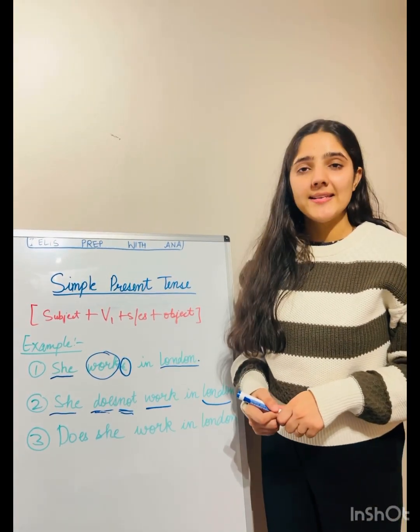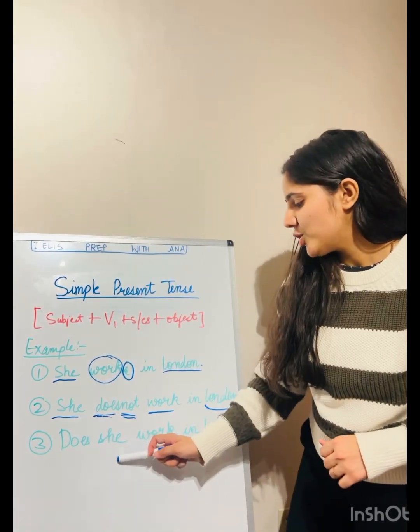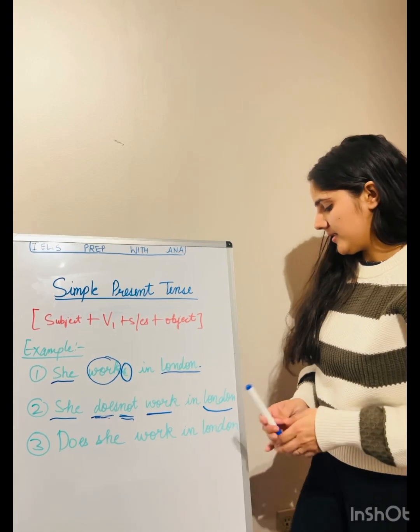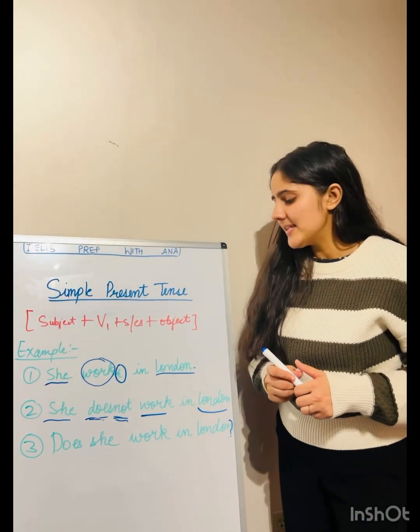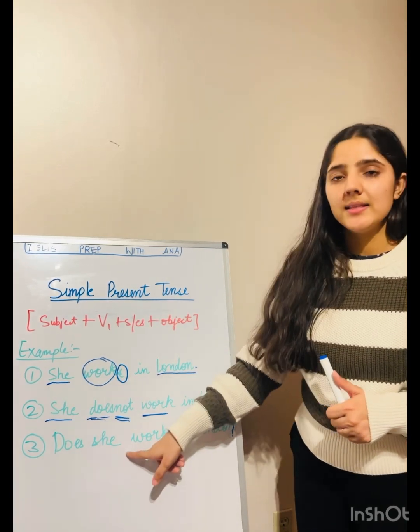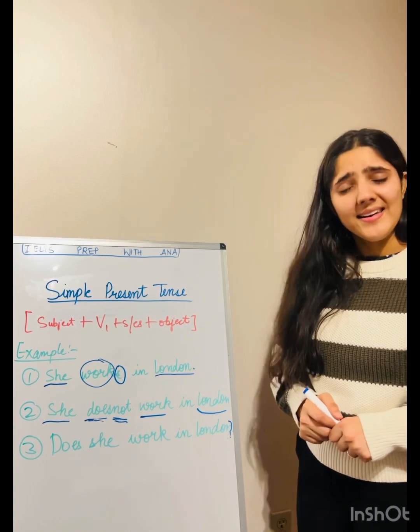Let's see another example. This is the interrogative sentence. Does she work in London? And there is a question mark here. So this is an interrogative sentence, but this is the simple present tense. So they are asking, does she work in London?